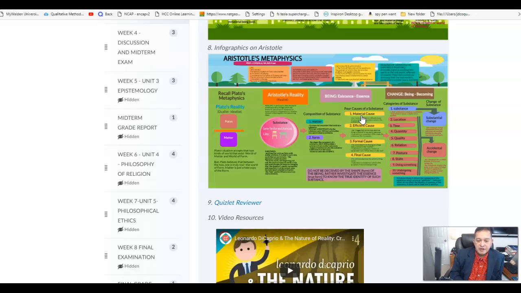That's the efficient cause. Now, formal cause is the shape-like composition that could help us understand a thing. And that is the essential understanding of a thing. What's the essence of a thing?